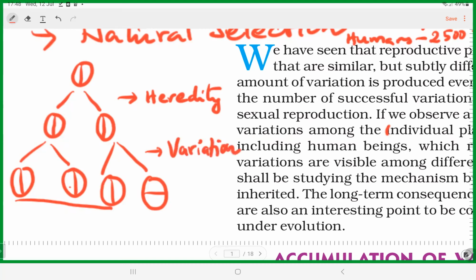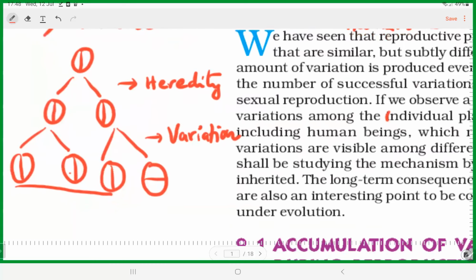What is variation? The degree in which progeny differs from parents. Range of differences. Can you define variation?